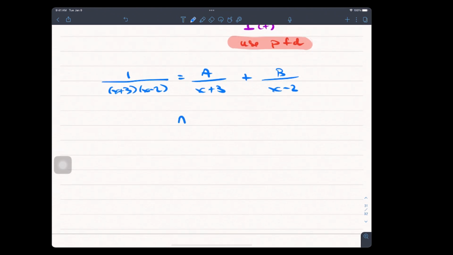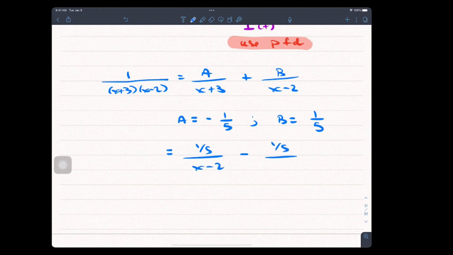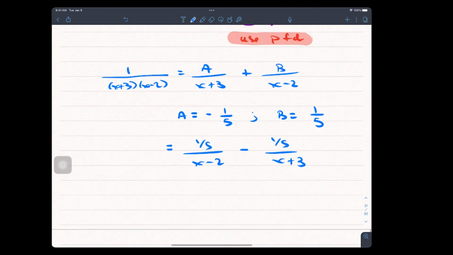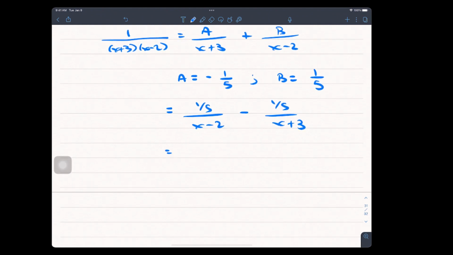Now, I'm going to let you guys know, I know what A and B are. A is negative 1/5. B is positive 1/5. Okay, using PFD. So I'm a little bit superstitious, so I put the positive term first and then the negative term. I just think it makes my arithmetic easier.